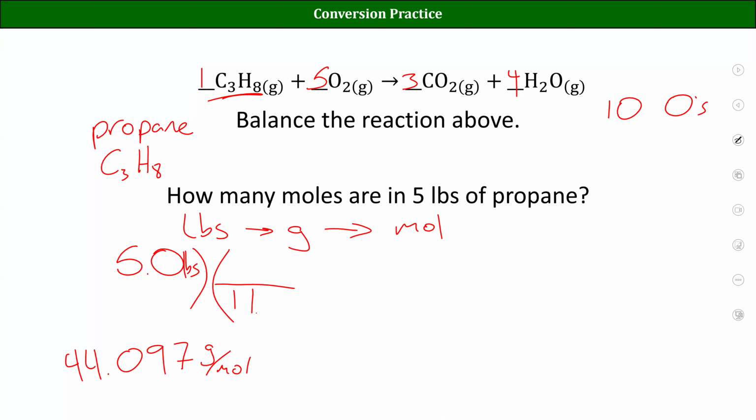Every 1 pound is 453.59 grams, just from our conversion sheet. That'll always be true as long as we're on Earth.